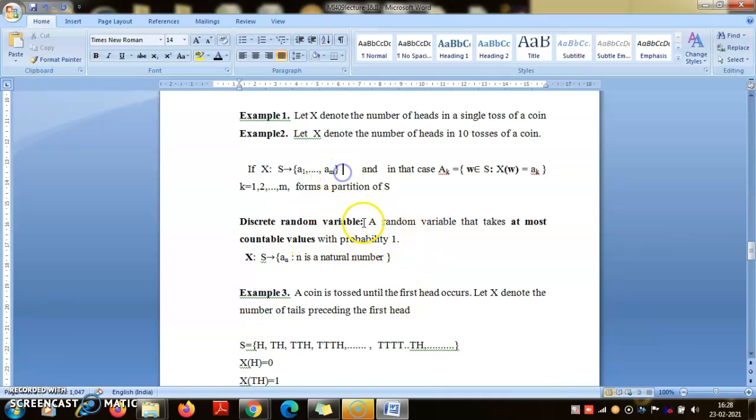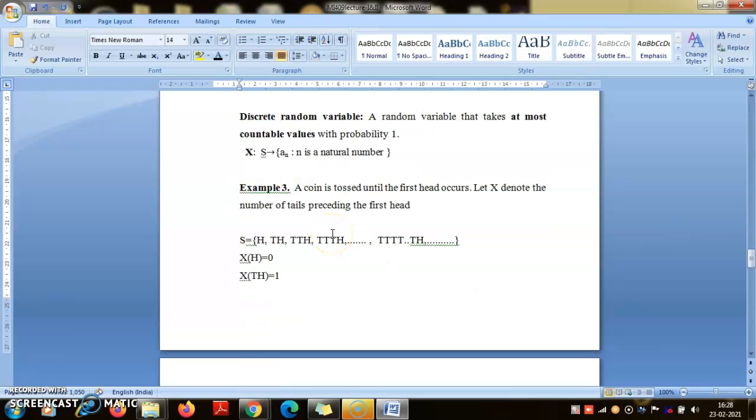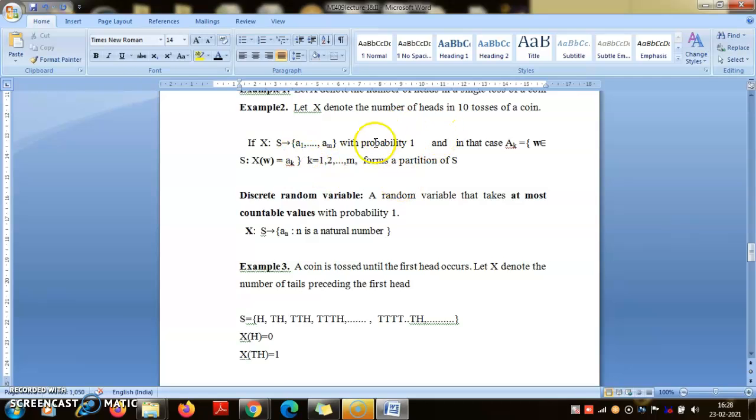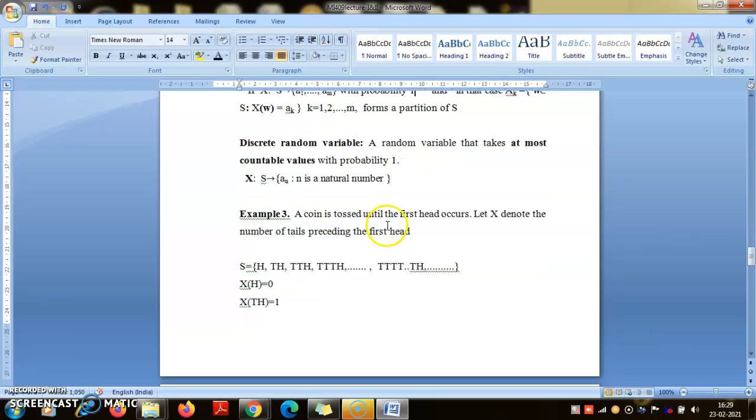Meaning, if for some element in S, X(w) is not equal to any one of these numbers, such elements will constitute an event, a subset of S, that has 0 probability. It is like the concept of almost surely in measure theory, which basically means almost pointwise. So for every w, X(w) will be one of these numbers with probability 1.